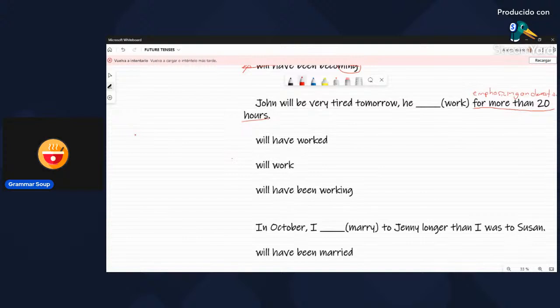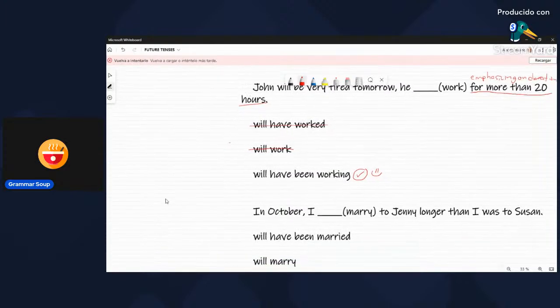So it cannot be future simple for sure. And it cannot be future perfect because this is not an emphasis on duration. I mean, this is not a completed action. He will continue. So the correct answer will be will have been working. There you go. We're doing pretty well. I hope your answers are correct too.